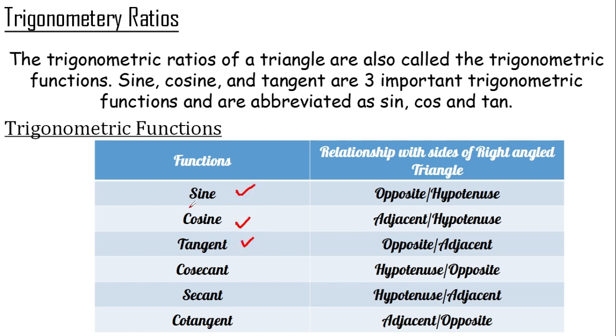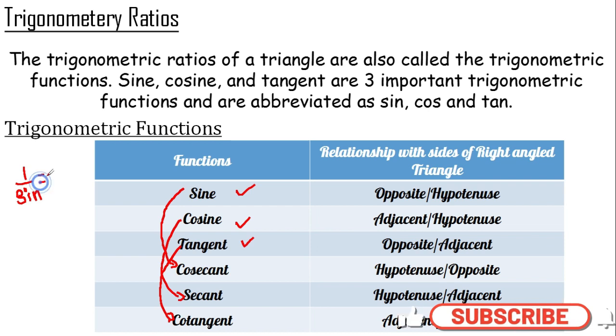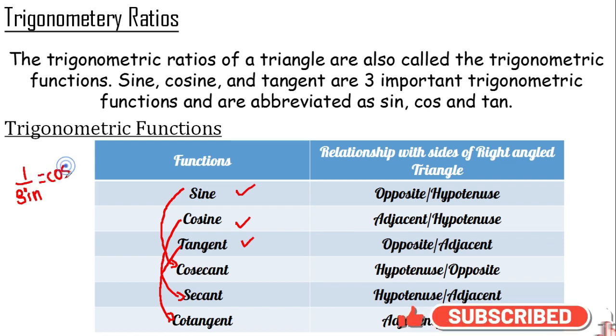Here cosecant is the inverse of sine, secant is the inverse of cosine, and cotangent is the inverse of tangent. 1 by sine is equal to cosecant.